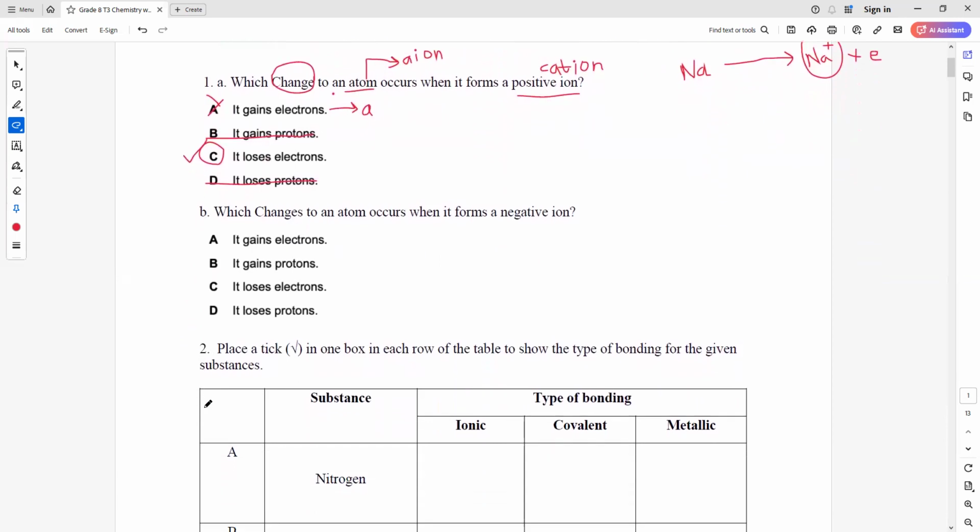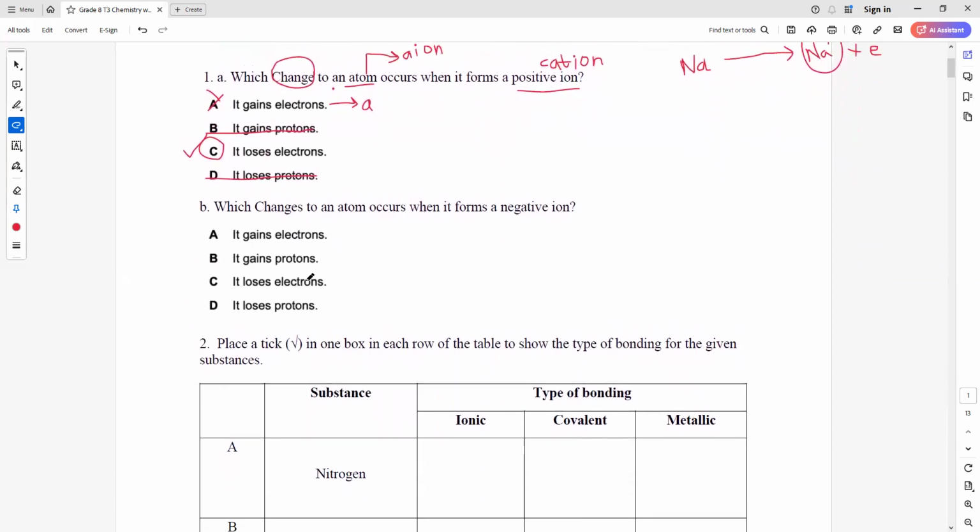Now B part. Which change to an atom occurs when it forms a negative ion? That is very simple, right? We have already discussed. So the answer is A. Now, negative ions mean anions, right? So the name that we give for a negative ion is anion, right? So you should know this.